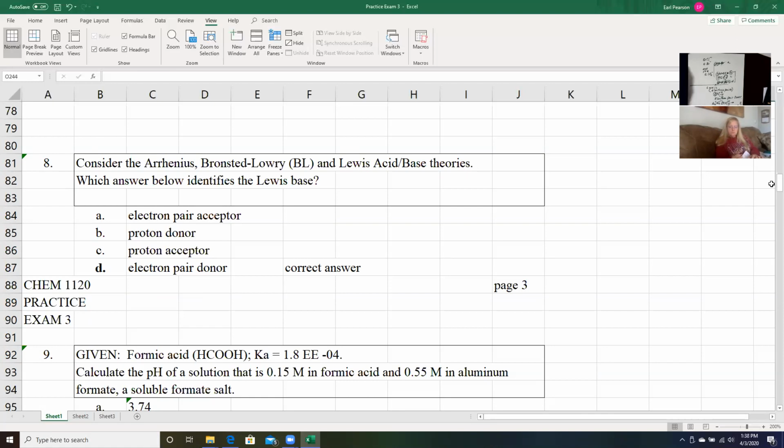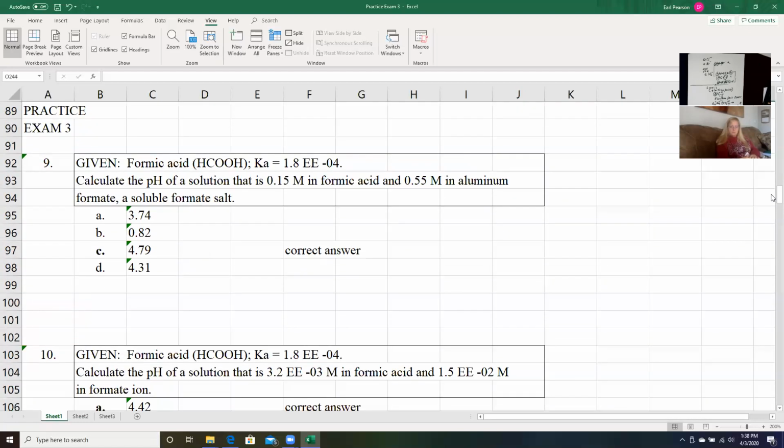So this is the electron pair donor. That's the correct answer to this one. A proton donor would be a Bronsted-Lowry acid, and a proton acceptor would be the alternate to that one as well. Okay.